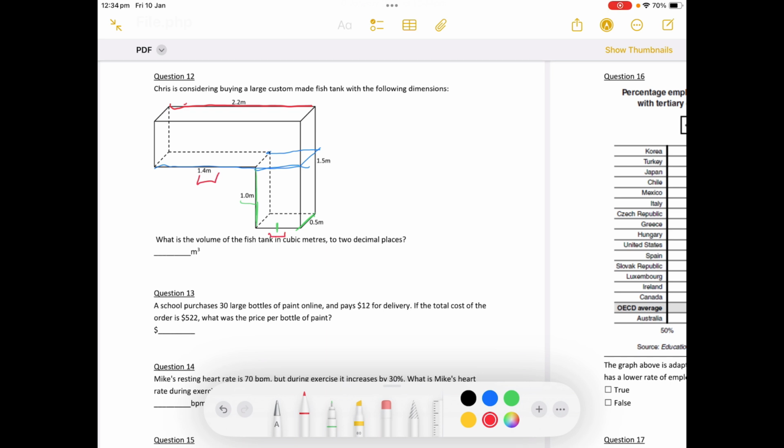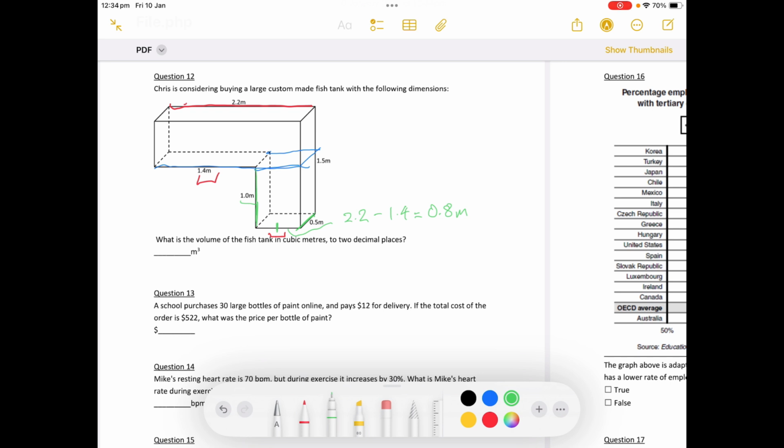So to work out that missing number, this bit is equal to 2.2 minus 1.4. Okay, so 2.2 minus 1.4 equals 0.8 meters.